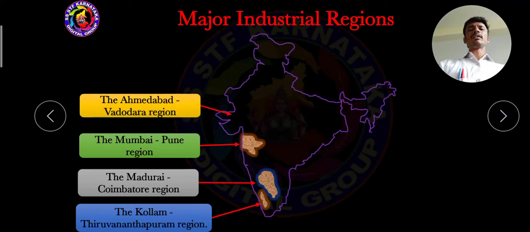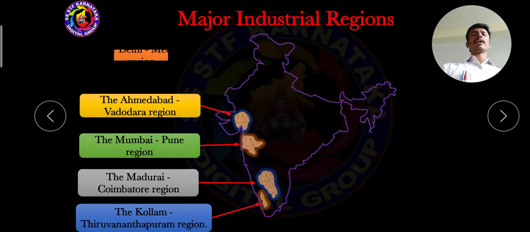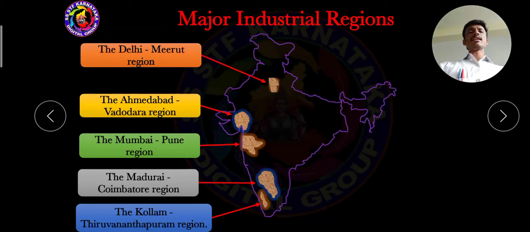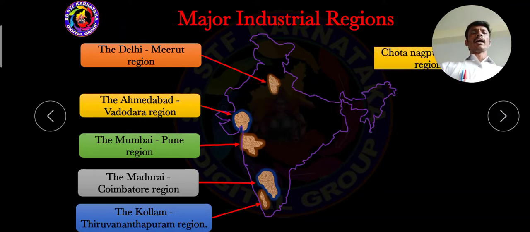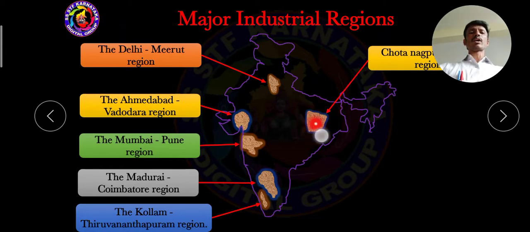And another one, the Ahmedabad Vadodara region. So this is the Vadodara industrial region. And the Delhi Meerut region. So this is also one of the industrial areas, the Delhi Meerut region. And the Chota Nagpur Plateau region, one of the major industrial regions.